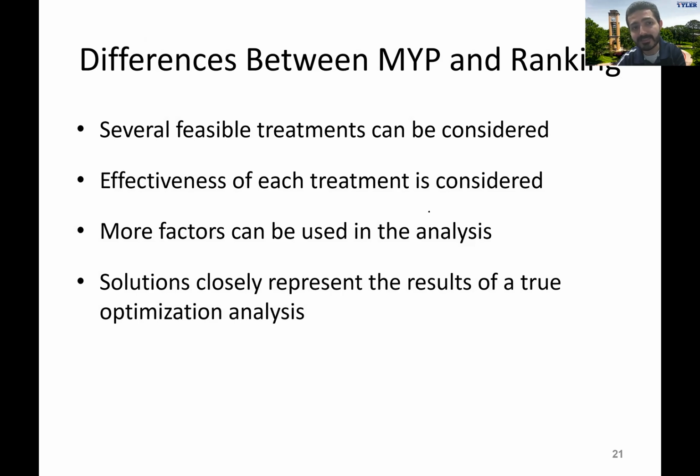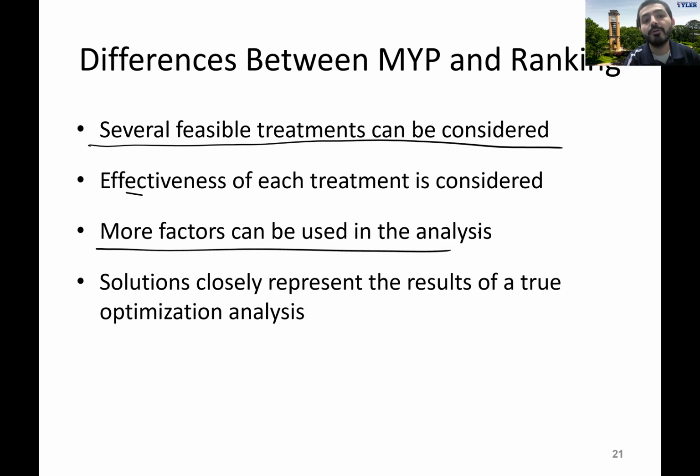What are the differences between multi-year prioritization and just a simple ranking? We're talking here about several feasible treatments that can be considered if you are doing a multi-year prioritization compared to the single-year ranking. The effectiveness of each treatment is very much considered using multi-year prioritization compared to the single-year ranking.